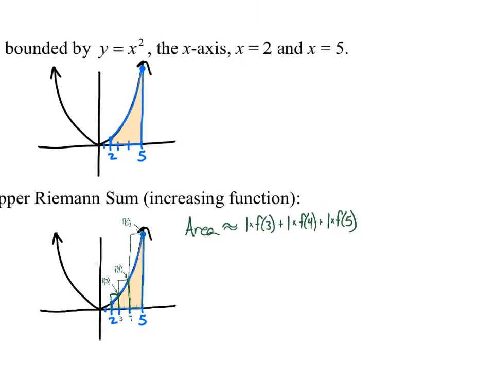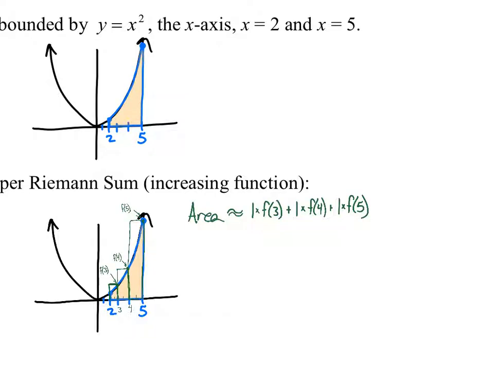Okay, well, I look at my function as y equals x squared, so that's going to be 1 times 9 plus 1 times 16 plus 1 times 25, and that all adds up to 50. So I have an approximation for what that area would be.